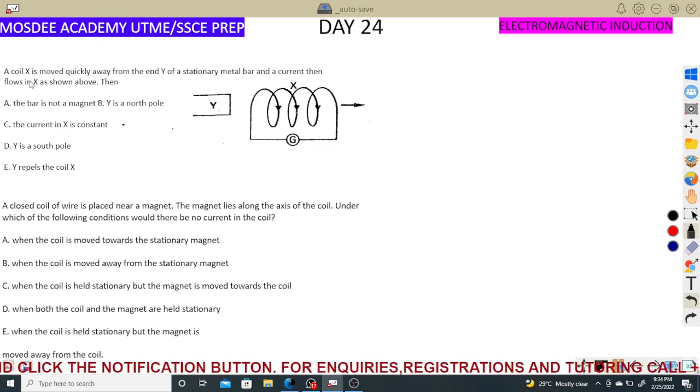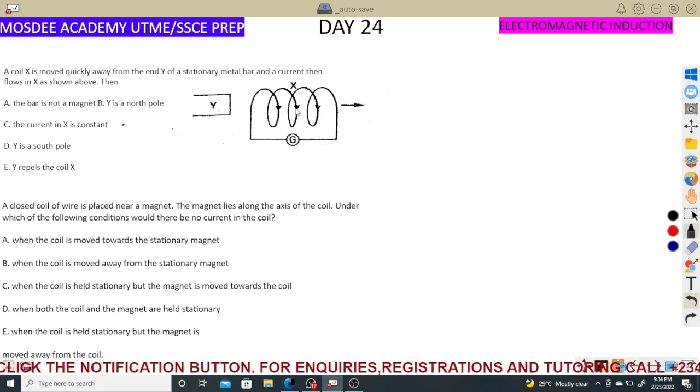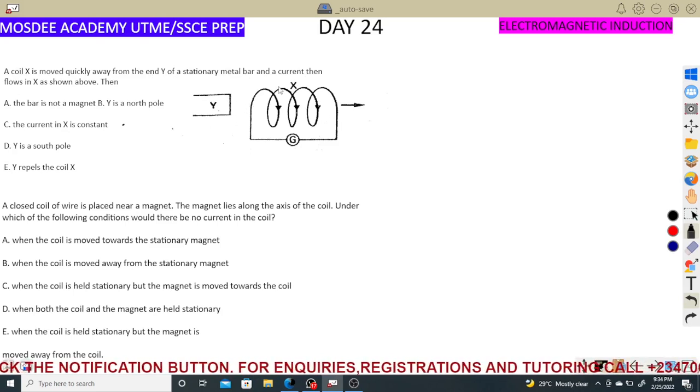First question says, a coil X, this is the coil, is moved quickly away from the end Y of a stationary metal bar, and a current then flows in X as shown.